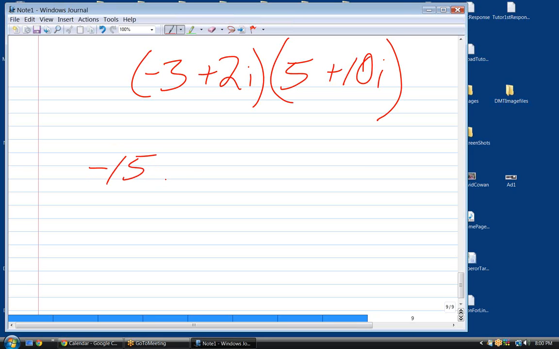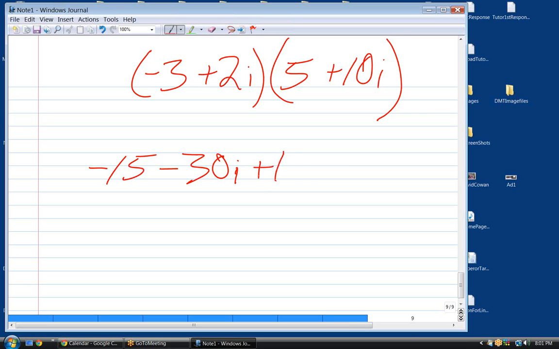What's the next term? No, we're going to multiply this times that. Oh, minus 30i? Just like we would if it was x plus 2 times x minus 3. We're still going to do every term times every term. What's the next term?